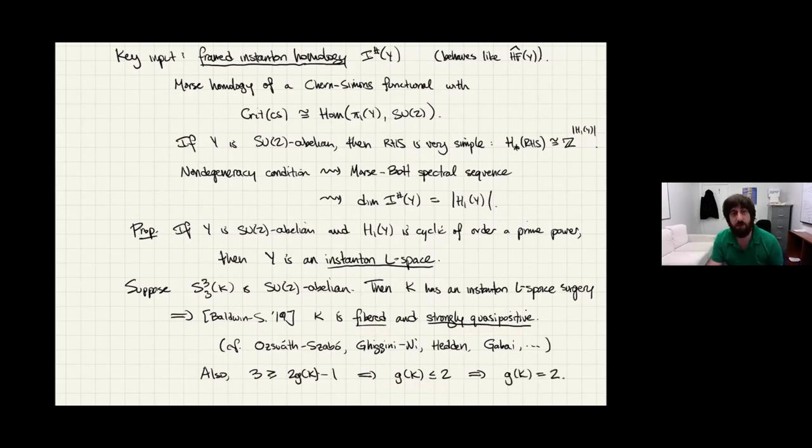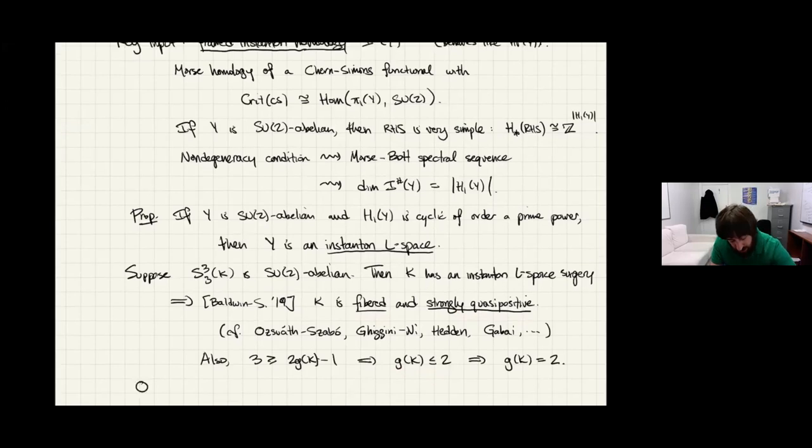to have genus 2. Okay, and so the question we really want to answer, we started out with this question about fundamental groups of surgeries, but what we really want to know is what are the genus 2 L space knots? And this is open in Heegaard-Floer homology. This is open in instanton homology.